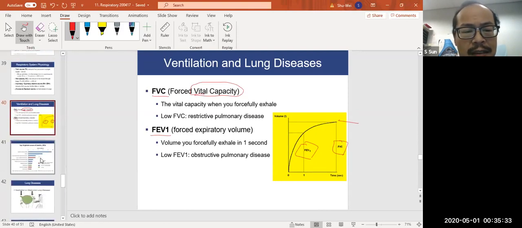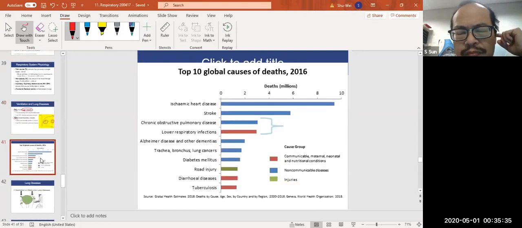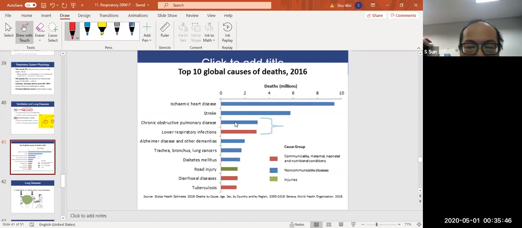That's because lung disease has two types. So let's look at this chart. We have this chart before, maybe not. This one is different.